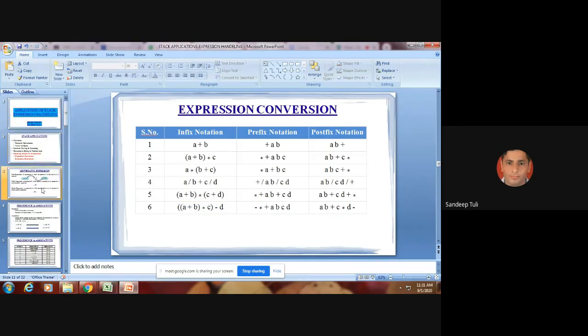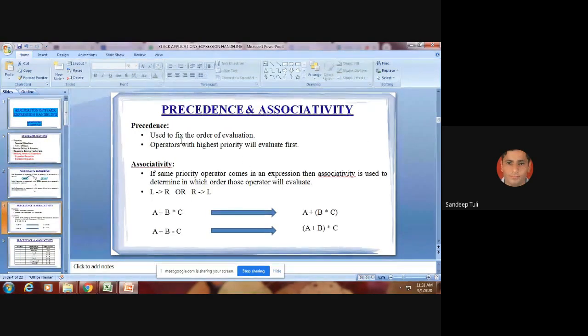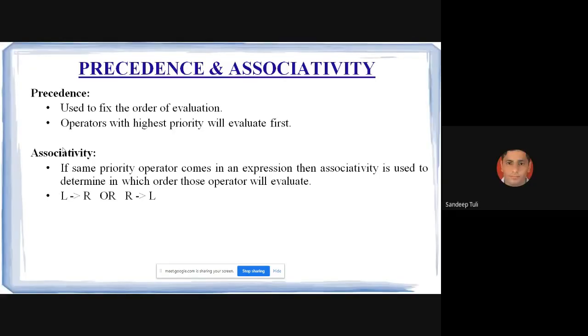For that we need to learn some rules, and those rules are known as precedence and associativity rules. And I know that you already have some idea about precedence and associativity. In C, you might have learned about this. So what is precedence first of all? Precedence is nothing but the order of evaluation.